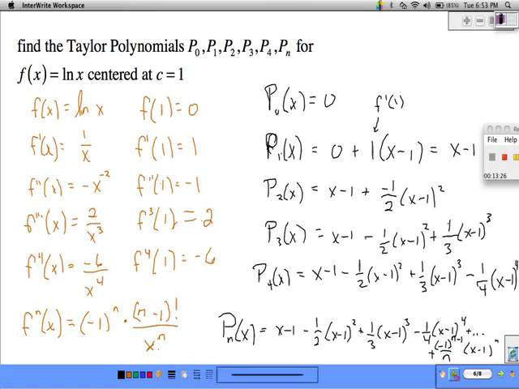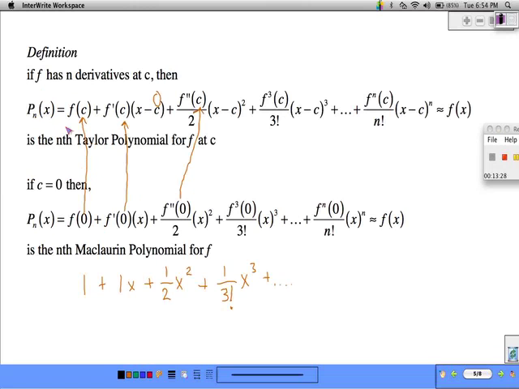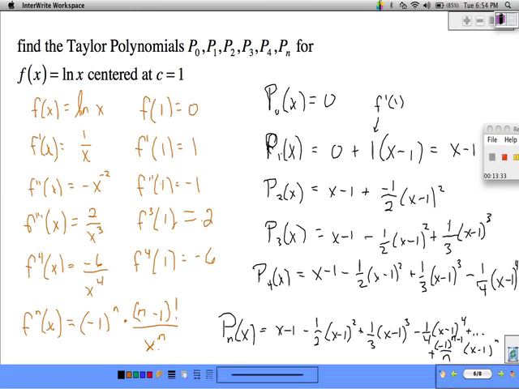All I'm doing is plugging these values I get into this Taylor polynomial, which you can find in your formula packet.